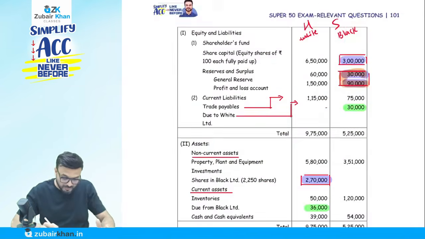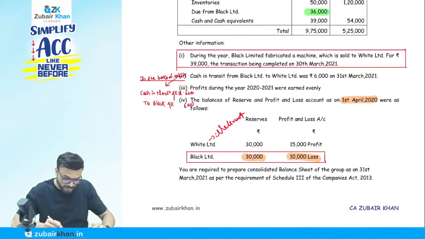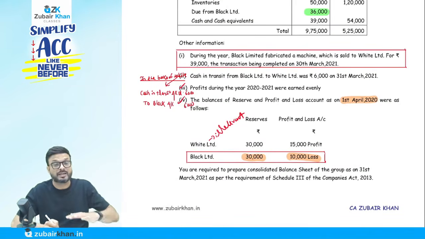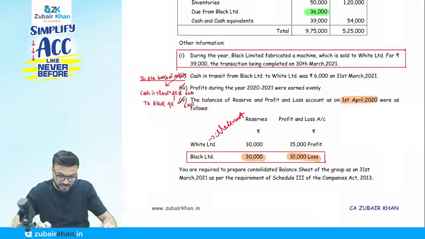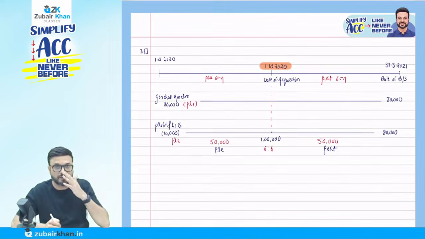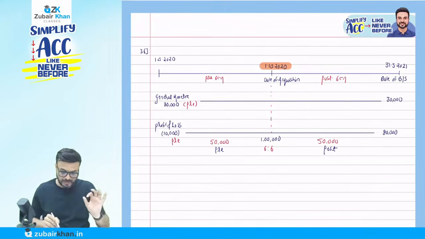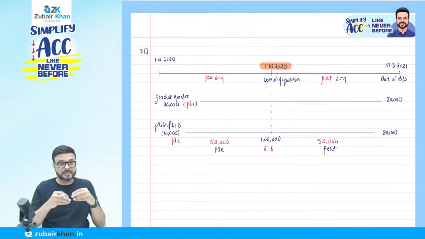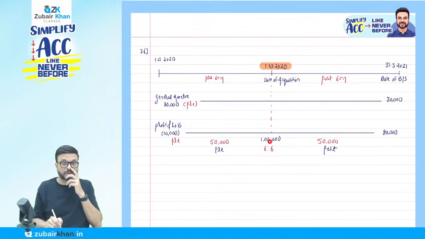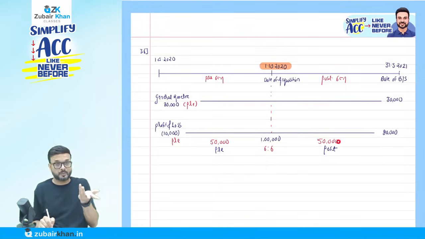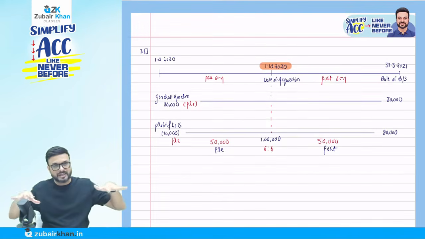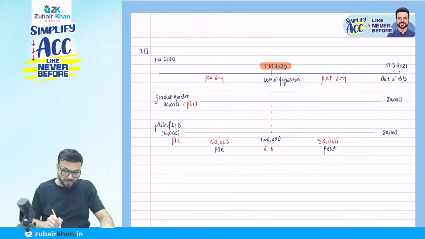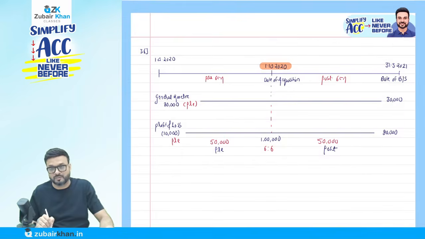They also specifically mention in the question, in point number 3, that the profit during the year 2021 will be earned evenly, meaning equal profit every month. Even if they had not mentioned it, we assume the same thing. Some may argue that in the first half they made 80 and the remaining they made 20, but we'll assume they have made it evenly. So equally we just have to distribute, and it will come to 50,000.